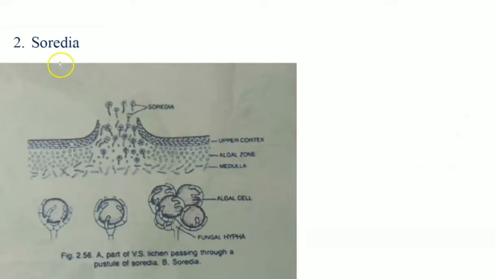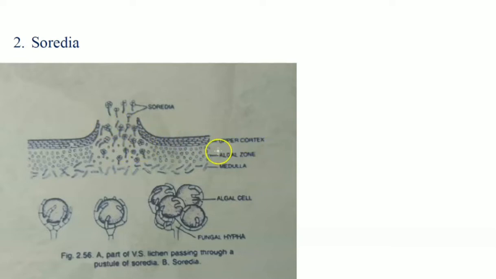Then another type of vegetative reproduction is soredia. Soredia formation means that in the algal zone, unicellular algae are found. This is the algal zone. This is the upper cortex and the algal zone, and this is the open area, which is not covered by the upper cortex.